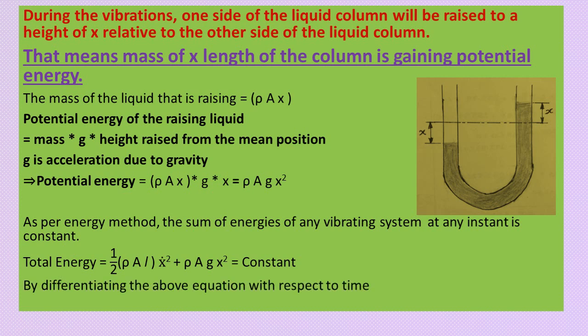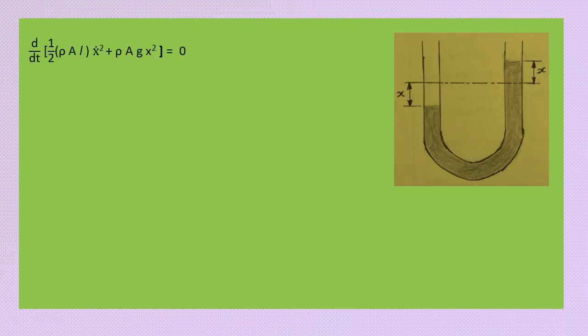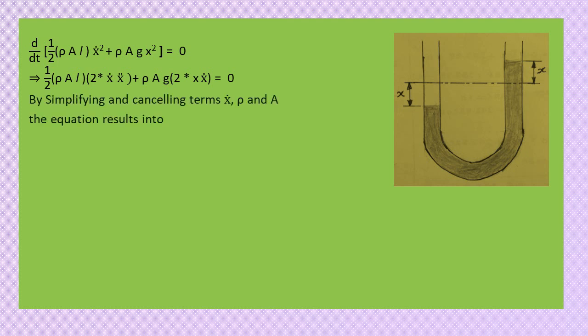By differentiating the above equation with respect to time, d by dt of 1 by 2 rho A L x dot square plus rho A g x square equal to 0. It implies 1 by 2 rho A L into 2 into x dot x double dot plus rho A g 2 into x x dot equal to 0.